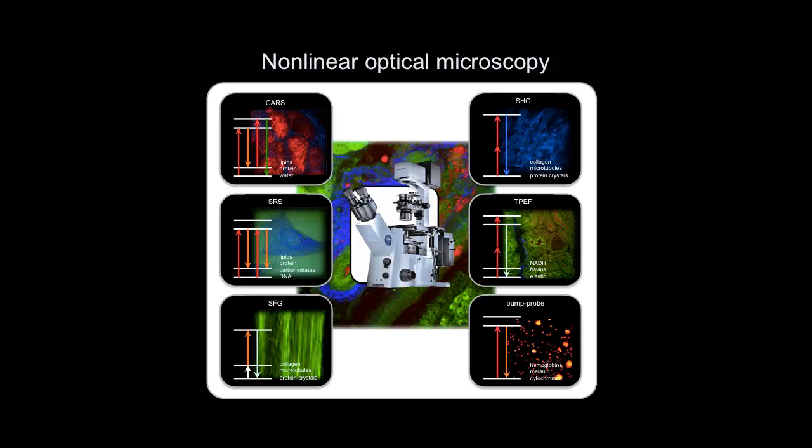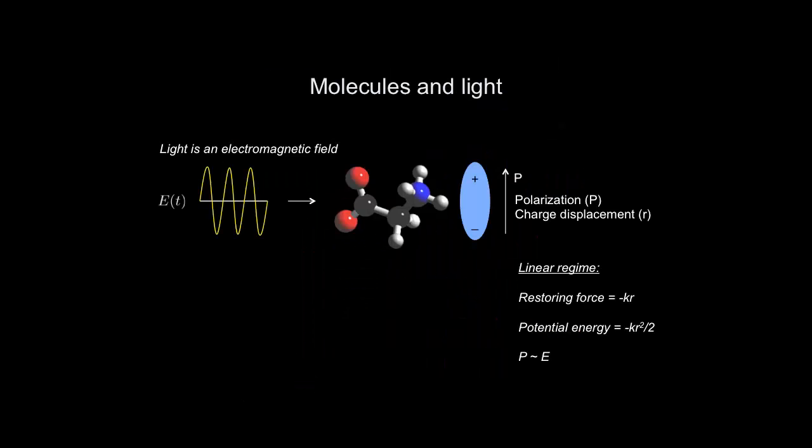We use them to light up different components in the tissue. We use coherent anti-Stokes Raman scattering to visualize lipids and proteins, second harmonic generation to visualize collagen fibers, fluorescence to visualize other components. I'm going to talk about three of them. Hopefully, we'll have time. But before that, let's try to understand what nonlinear means.